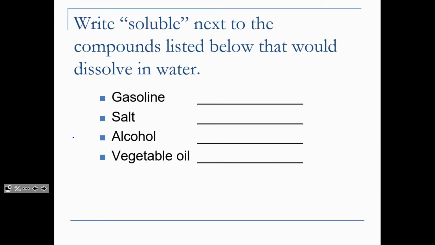So if we're using this information, write soluble next to the compounds that would dissolve in water, which is a polar solvent. So gasoline is a nonpolar substance, so that would be non-soluble.